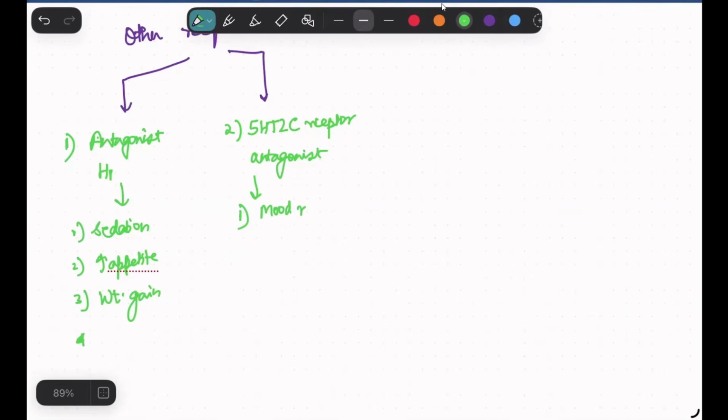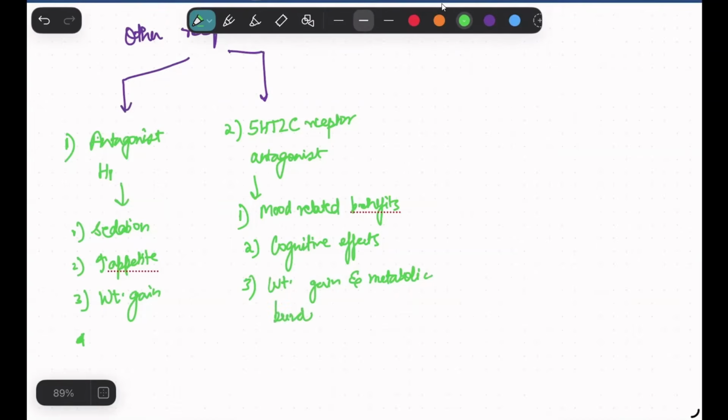So it has mood related benefits. It improves the cognitive symptoms of schizophrenia. Clear. But it comes at a cost. The cost is it is responsible for the weight gain and metabolic burden.